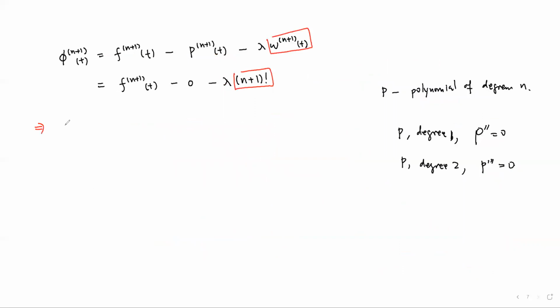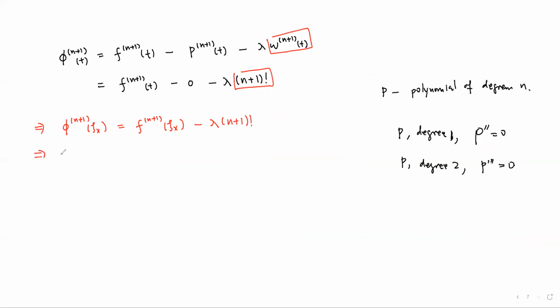Then we have 0 equals f^(n+1)(psi(x)) minus lambda times n plus 1 factorial.